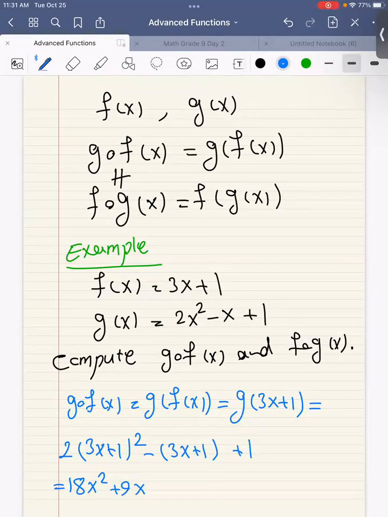Because (3x plus 1) squared gives you 6x, and then you multiply by 2, it becomes 12x, minus 3x is 9x. Then you have plus 1 times 2, which is just 2, and then minus 1 plus 1 is just 2.